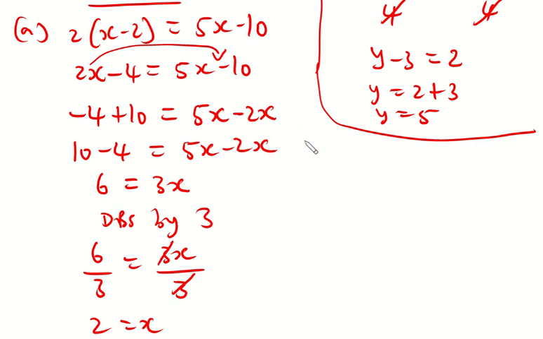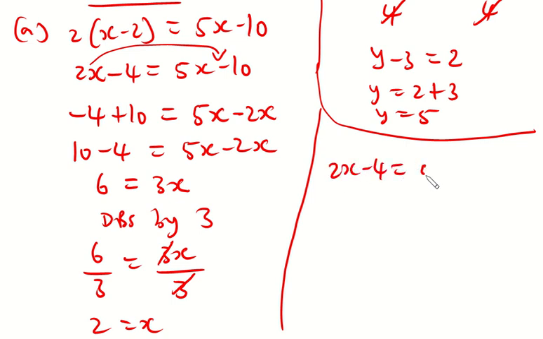Now listen, this is why I did it like this. I realized that 5x is bigger than 2x. So I had to move 2x to the right-hand side so that I will have a positive value for the term that has the letter. Okay, so what if you say, no, why must I do it like this?